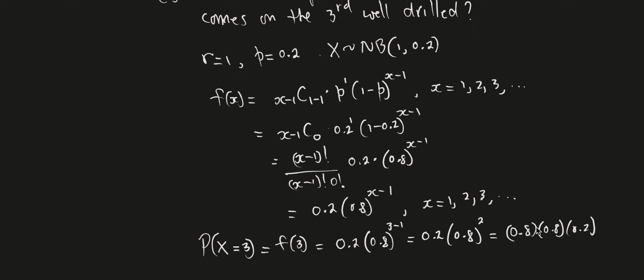Because the trials are independent, you get to multiply these individual probabilities together because these are all "and" probabilities. So that's where independence really does simplify the model, and this ends up being 0.128. All right? So that's the probability that our first strike of oil comes on the third well that's drilled.